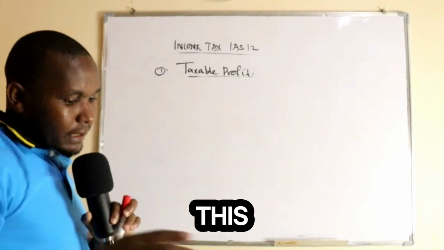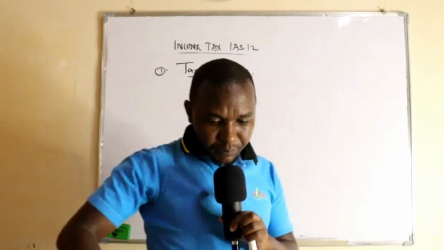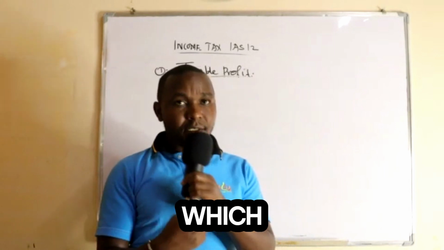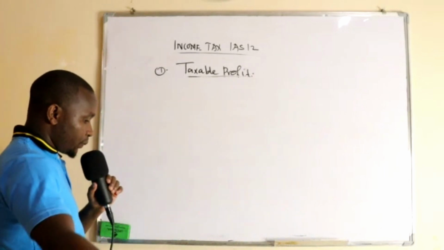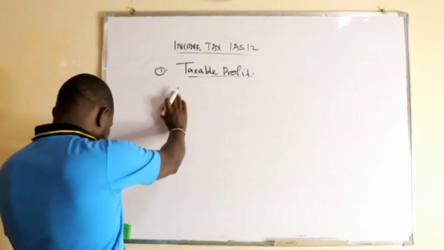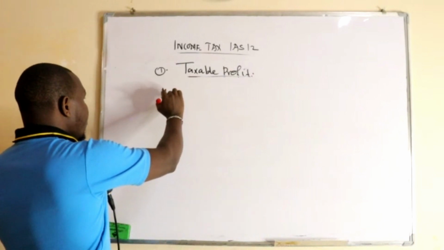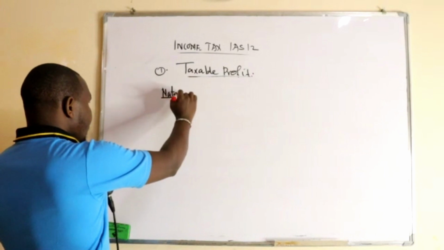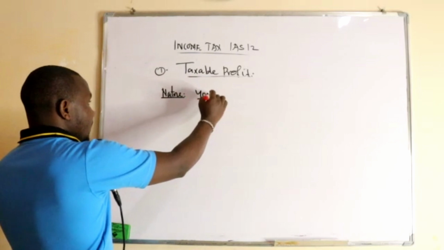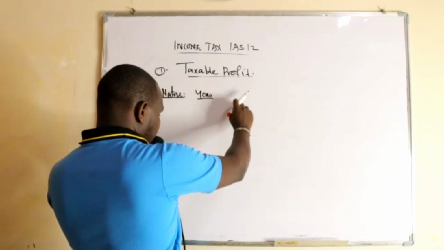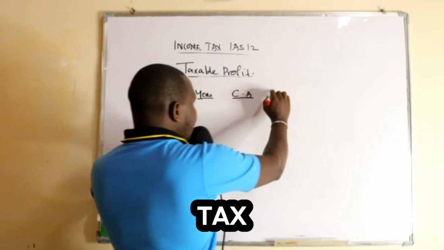So we can arrange this in which format? We have 4 years, we will arrange in which format? We can say the nature and then years, the carrying amount, CA, tax base.